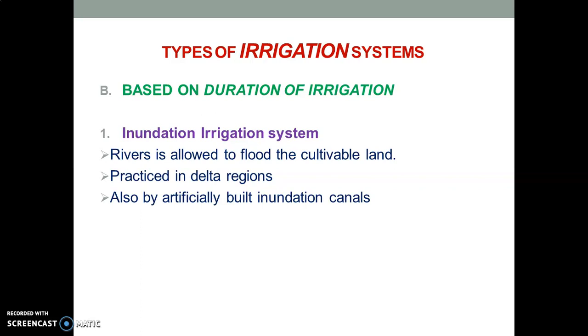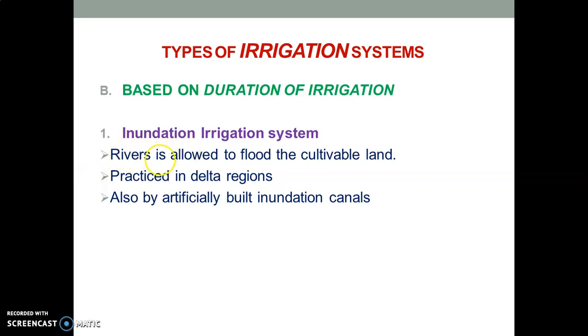The flood water is allowed to come inside the cultivable land and fill it up. There is a large amount of water logging which takes place in this, and then that water is used to cultivate the crops.